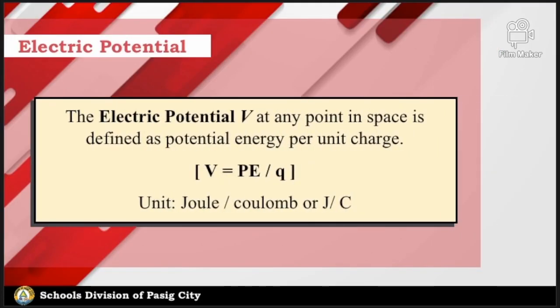The electric potential V at any point in space is defined as the potential energy per unit charge. Or, we can write in equation form, V is equal to PE over Q. If the potential energy has a unit joule and charge has a unit coulomb, therefore, the unit for electric potential is joule per coulomb.